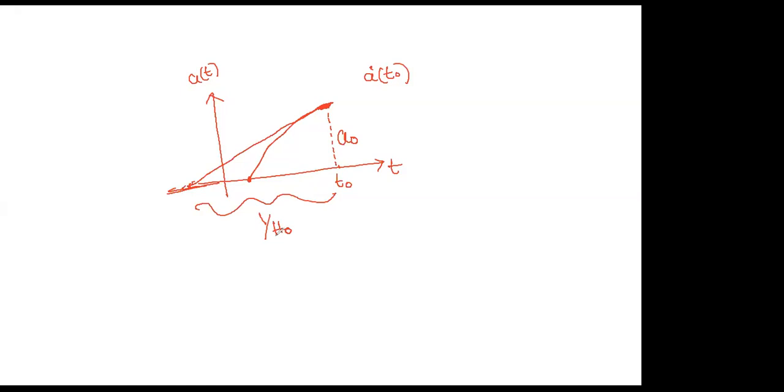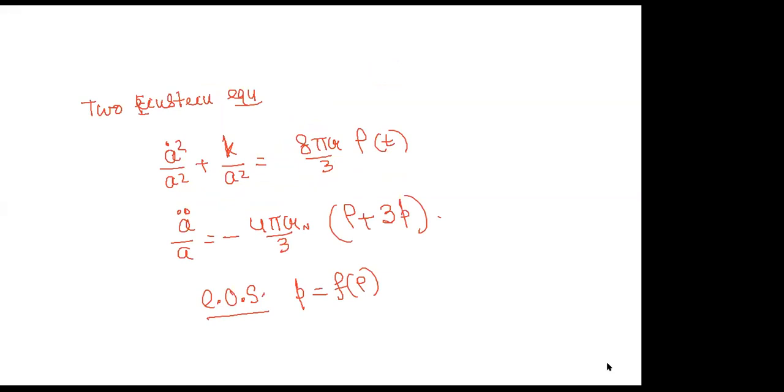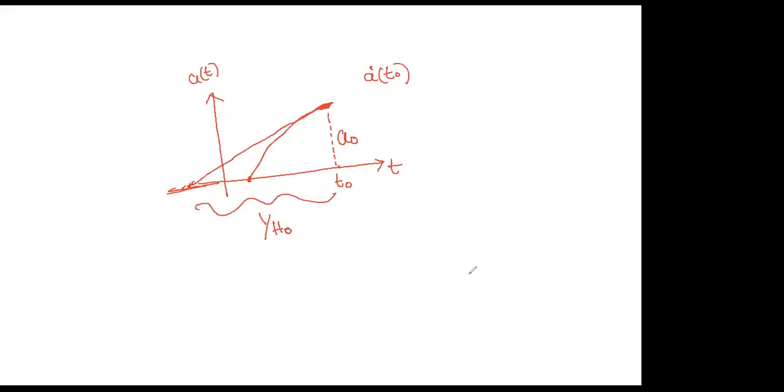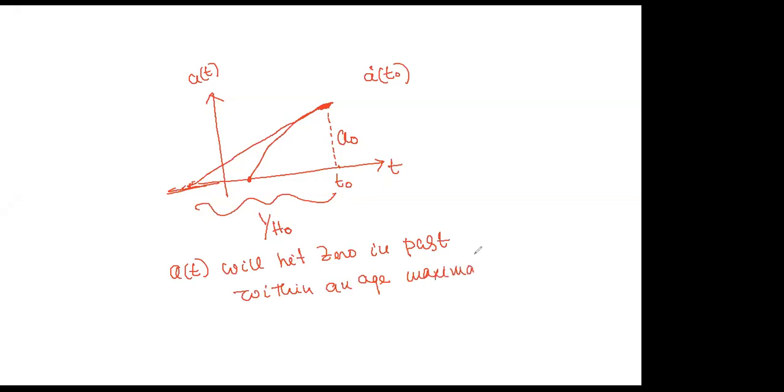So what I can say is that if the universe has all this normal matter and radiation, then A(t) will hit 0 in the past, within an age which is maximally bounded by 1 by H naught.